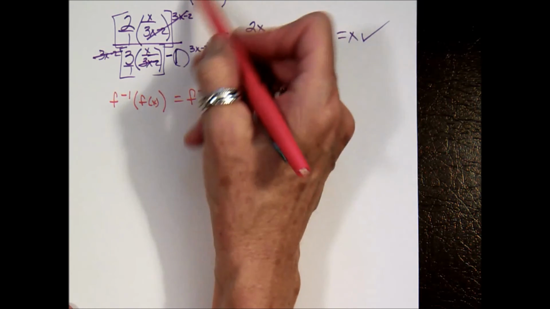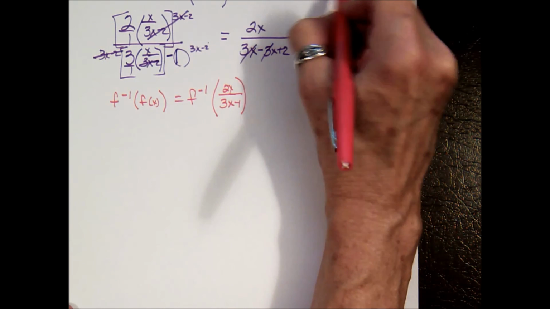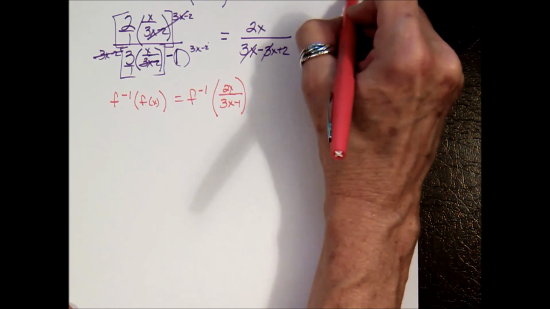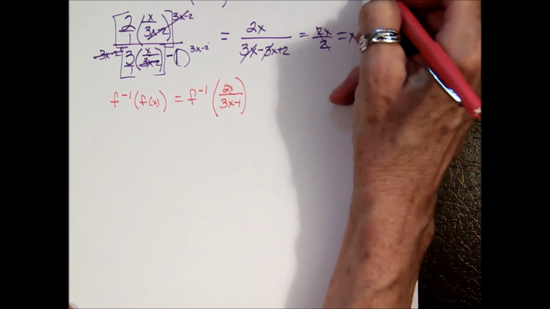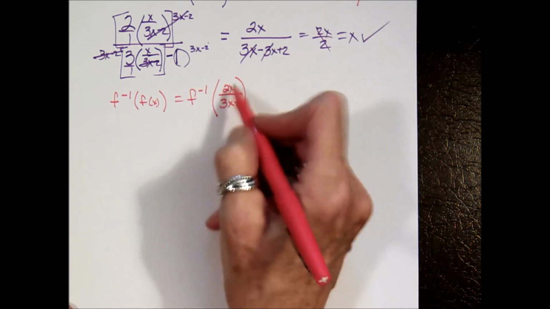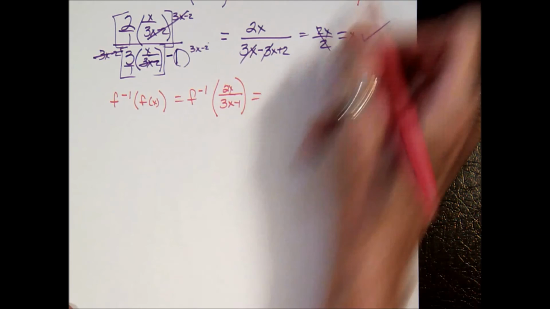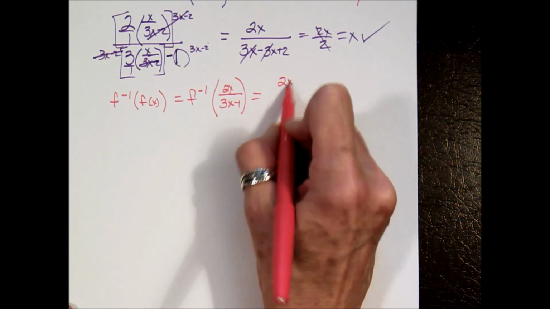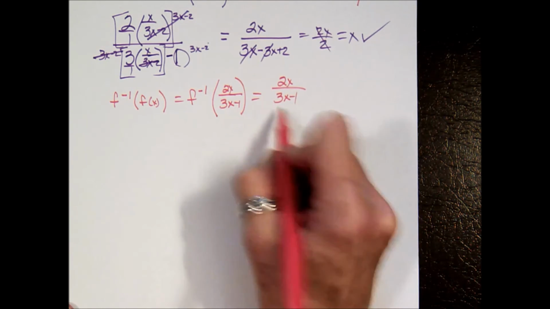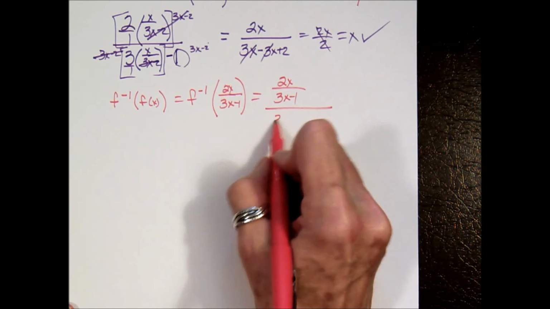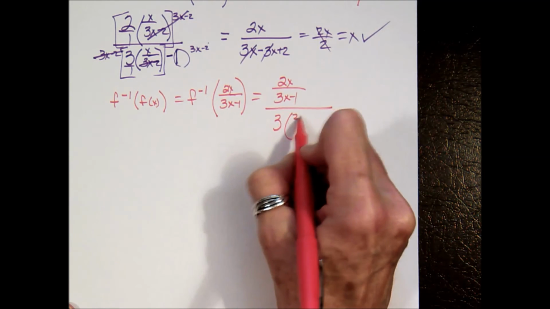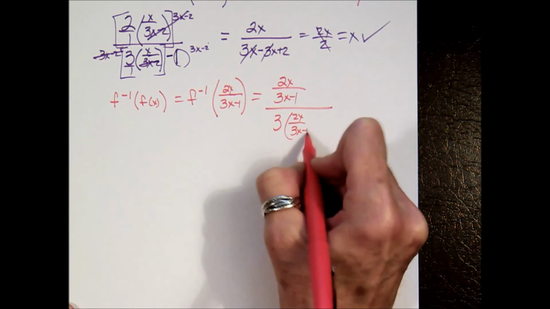F inverse was equal to x over 3x minus 2. And everywhere there's an x, we're going to put in this. So that's going to be an x on the top, so 2x over 3x minus 1, over 3 times this, 2x over 3x minus 1, minus 2.